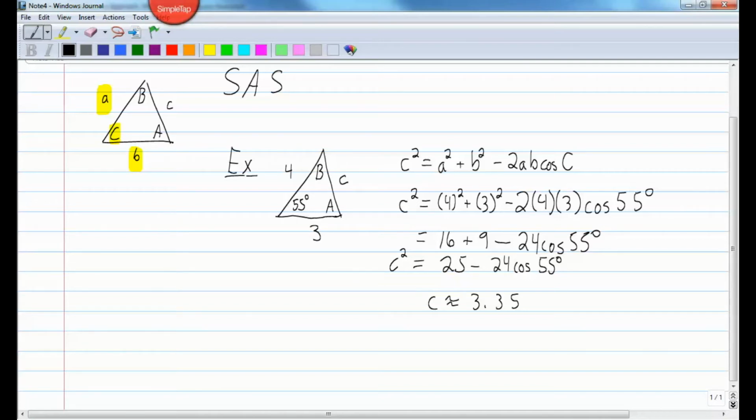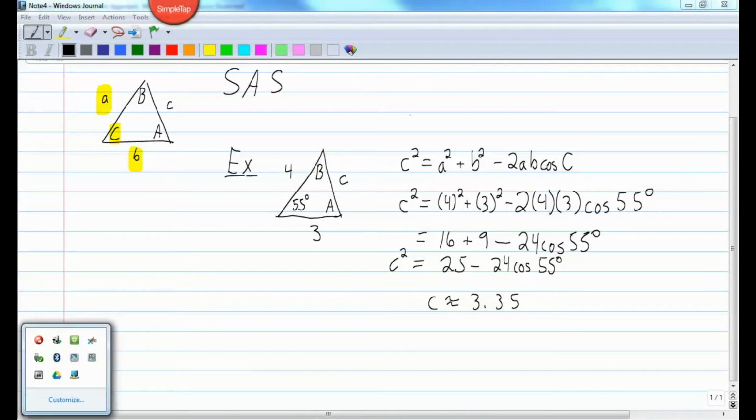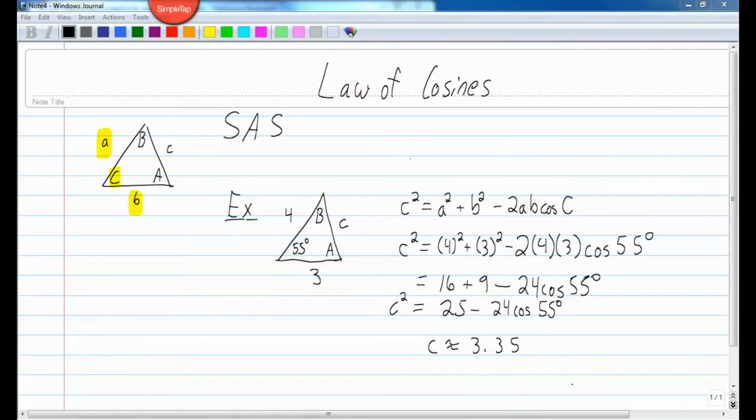All right, I have c squared equals... So to solve for angle C, and this is just for your formula sheet, I'm going to use this formula, and I'm going to get the cosine of C by itself. So here's what I'm going to do.